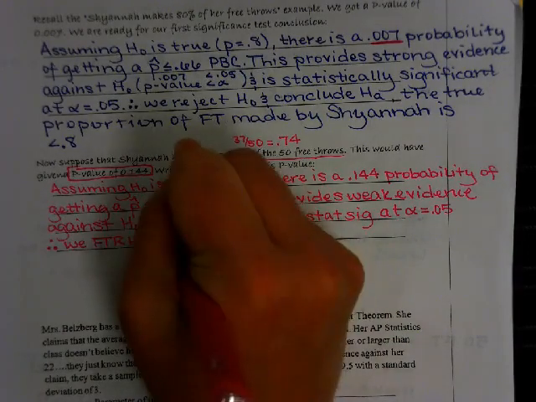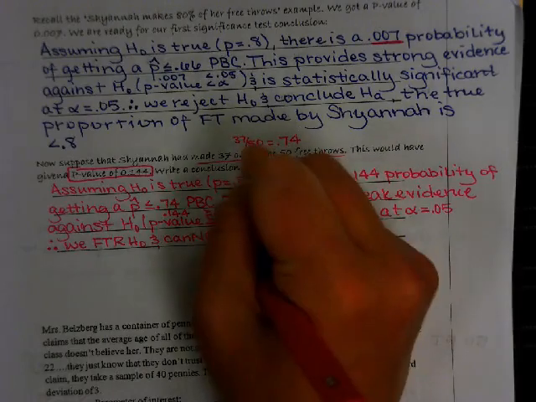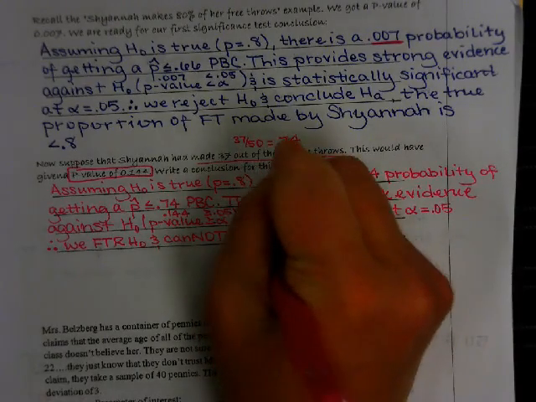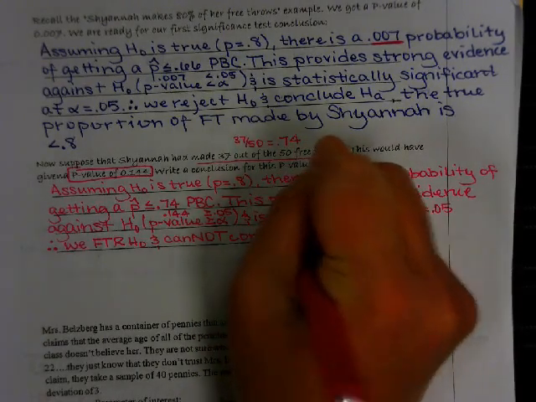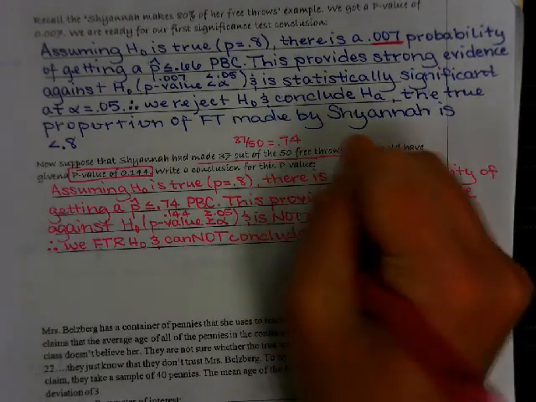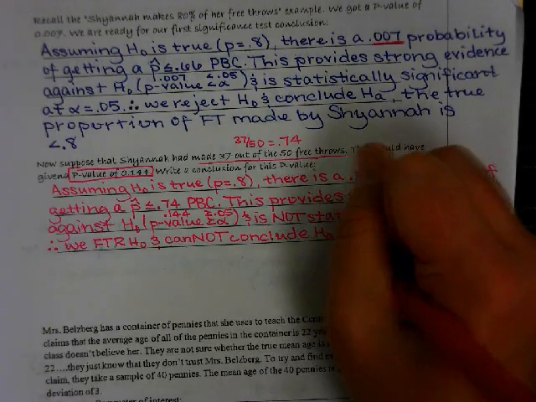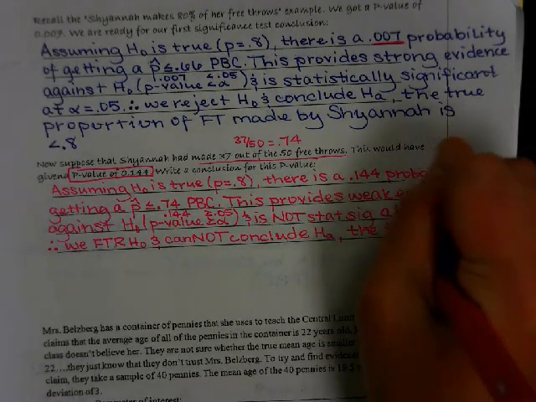Cannot conclude HA, the true proportion of free throws made by Cheyenne is less than 0.8.